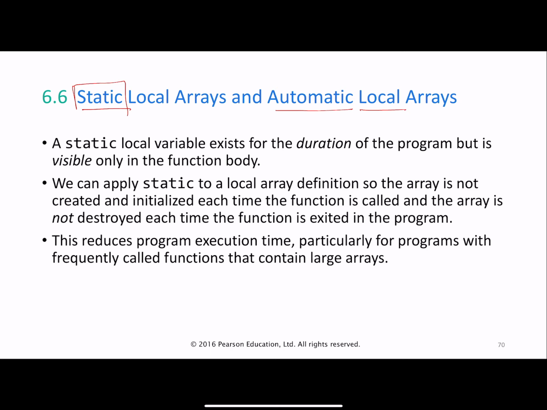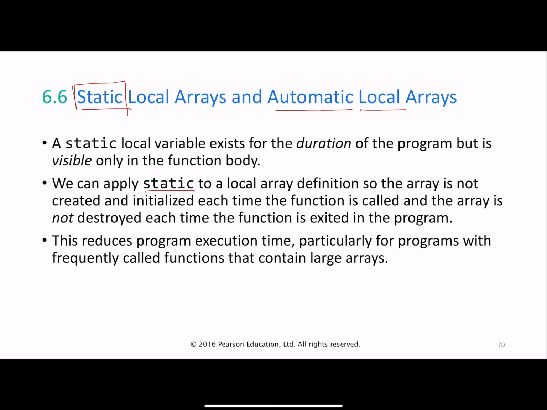Now, in this example, instead of just any storage class, we're going to use arrays. We can declare a local array as static by adding the static keyword in front of its definition.